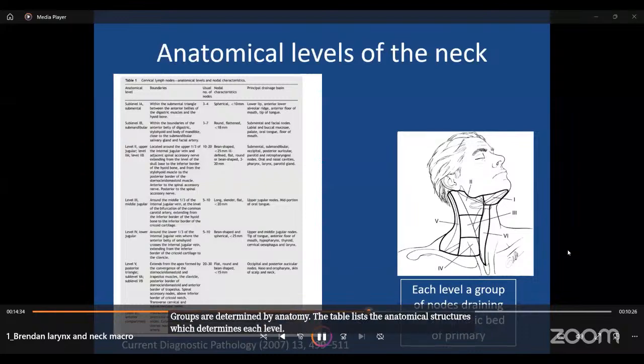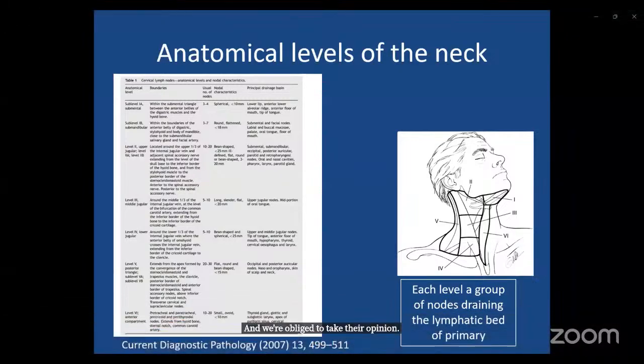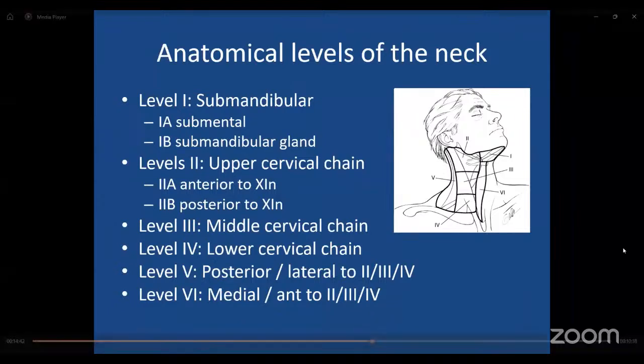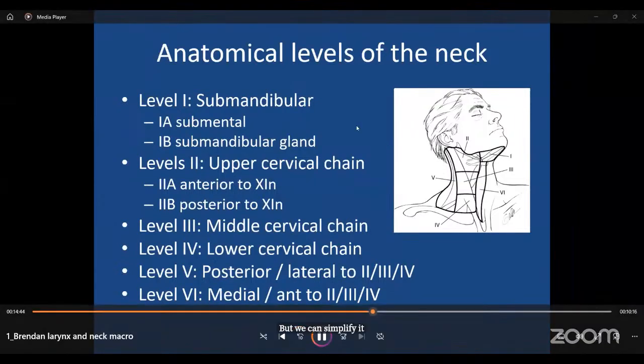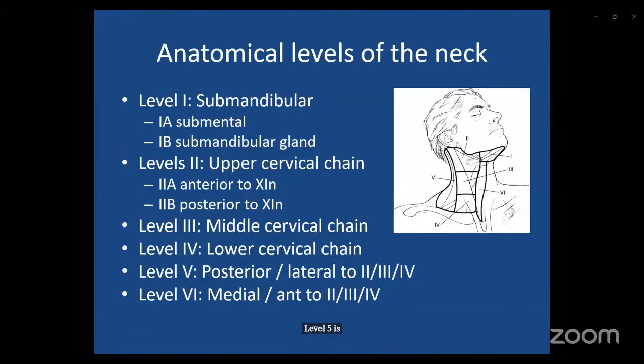These are directly visualised by the surgeon that knows these landmarks, and we are obliged to take their opinion. But we can simplify it, where level 1 is the submandibular group, level 2 is the upper cervical chain, level 3 middle, level 4 lower cervical chain above the clavicle, level 5 is posterior, level 6 is anterior.